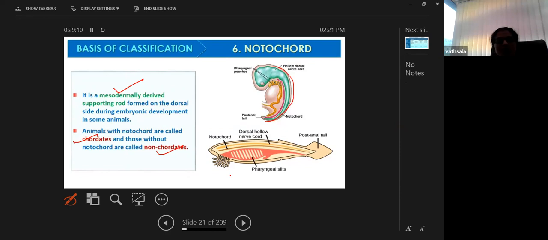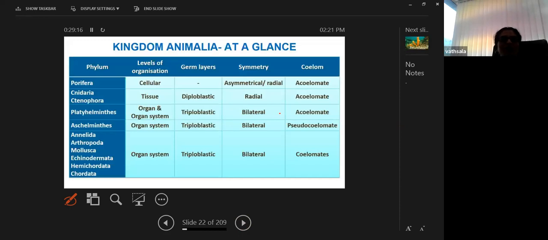Now, all these at a glance. So what are the different aspects? Levels of organization, germ layers, symmetry, coelom. These are the different groups.